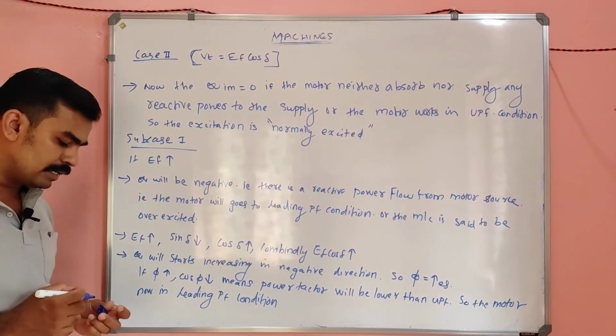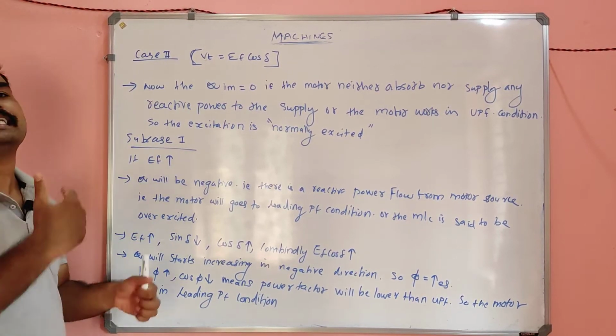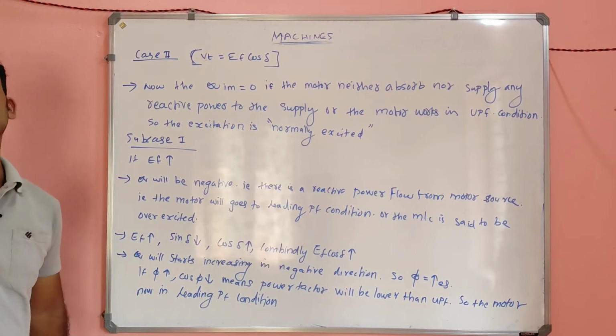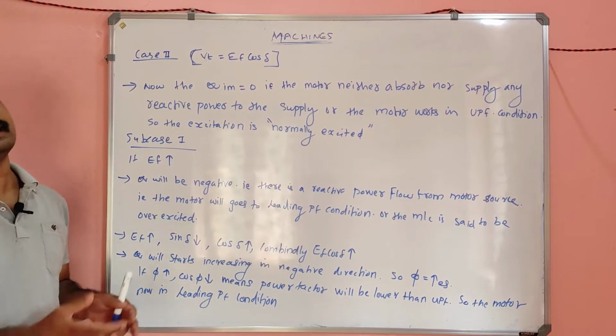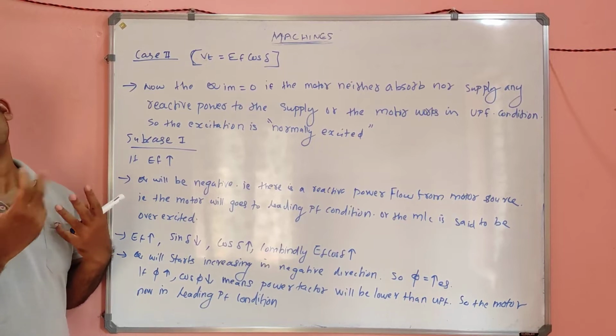Q will be negative, what is the meaning? The power flow will happen in the opposite direction. Normally the motor has to absorb power from the supply.